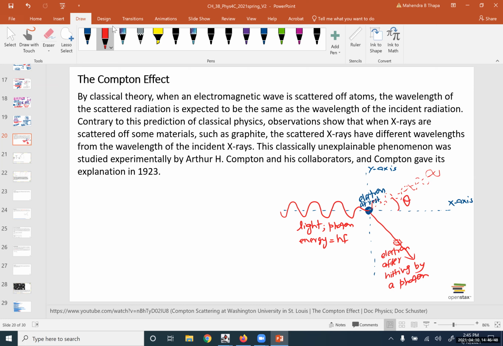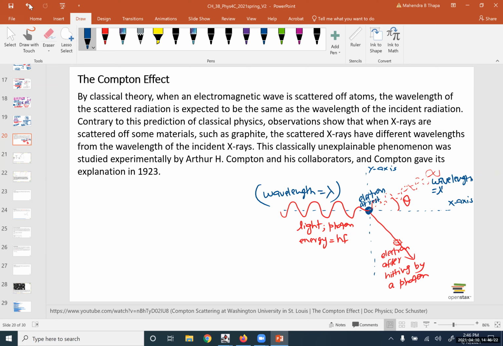The difference is that after hitting the electron, the photon's initial wavelength, lambda, changes. The new wavelength will be lambda prime.